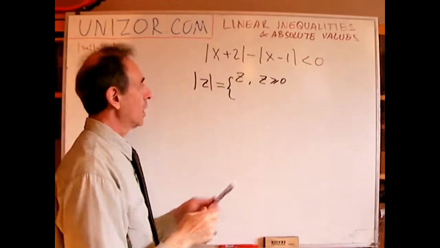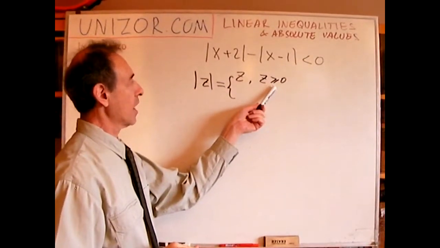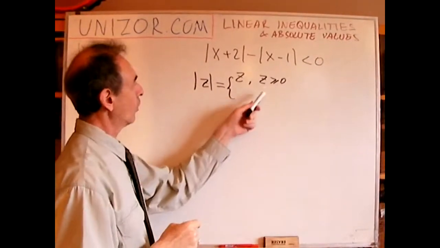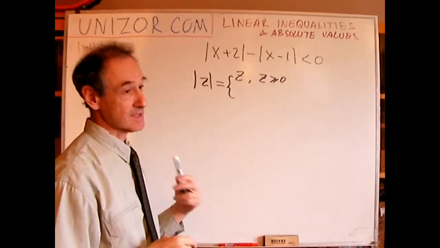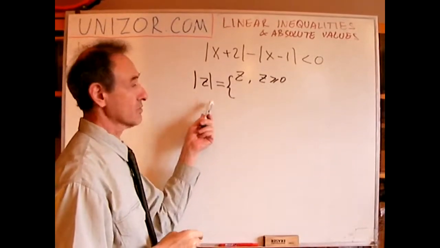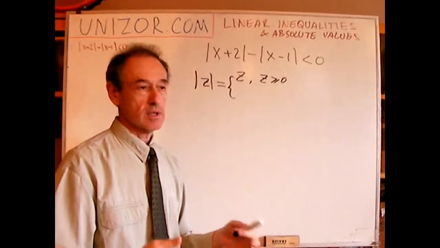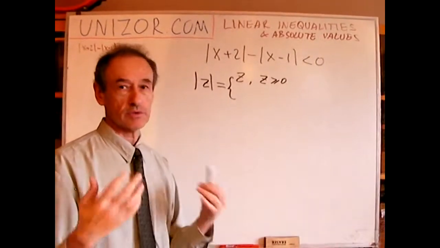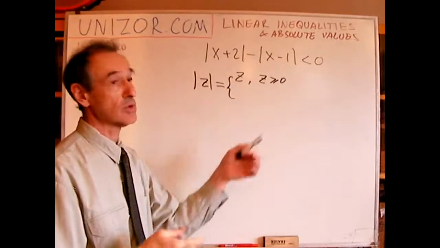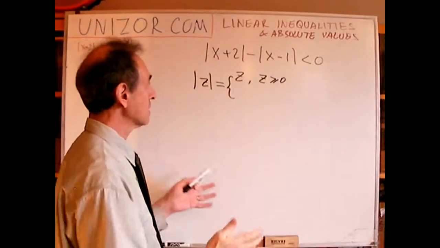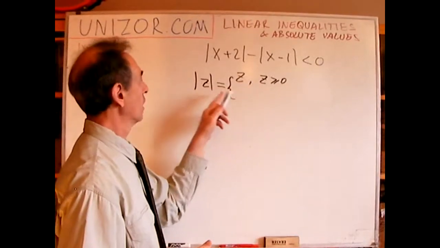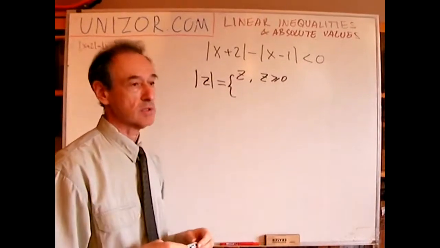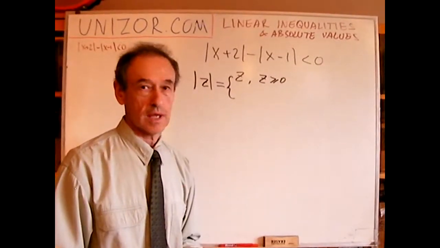So for all non-negative numbers z, and I'm talking about real numbers, of course, the absolute value of z is exactly the same as z. The absolute value of 2 is 2, absolute value of 25 is 25, absolute value of 0 is 0. So I don't have to do anything with the number z if it's non-negative to obtain the absolute value of z. I just should take it as it is.